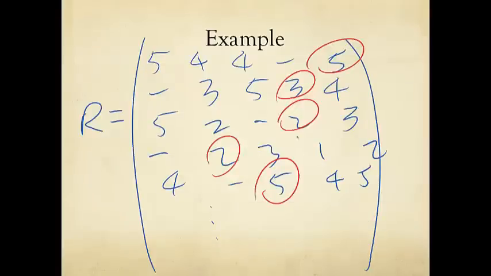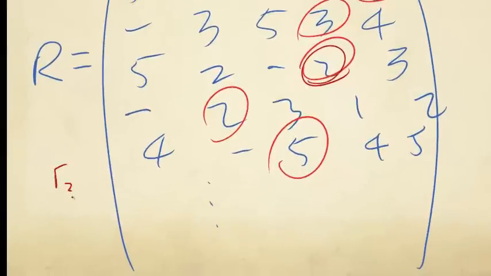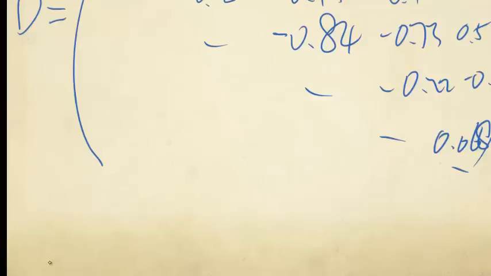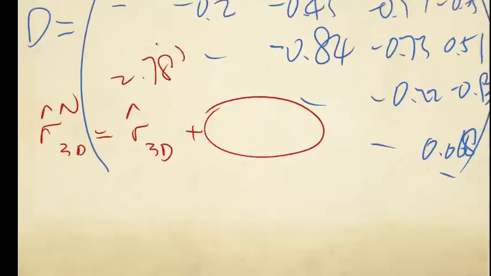As we can see here, 3D is one of those that we were hiding from ourselves, so that now we can predict, see if we can get to 2. Okay, so we want to find out what R hat 3D is based on the neighborhood method. Well, first of all, there is the R hat 3D baseline predictor component, then there is the neighborhood prediction component. This happens to be 2.78.